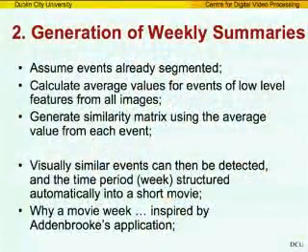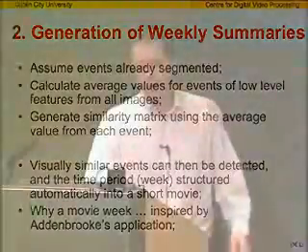Okay, the second thing that we're addressing is generation of weekly summaries. So let's suppose we've taken the day's SenseCam images and segmented them into the 20 or 30 or whatever number of events. What can we use those events for in terms of providing some sort of navigation through this? Well, the way we do this is that we calculate the average values for these events of the low-level features from all of the constituent images for that event.